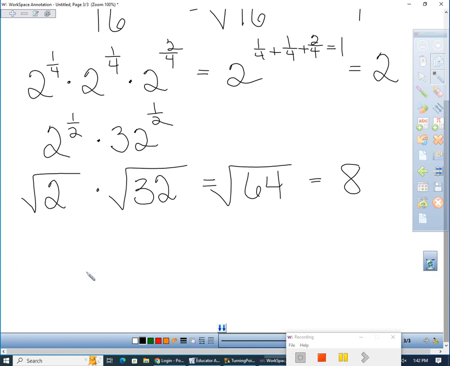Okay, same idea. Let's say I have 3 to the 1/4 times 27 to the 1/4.